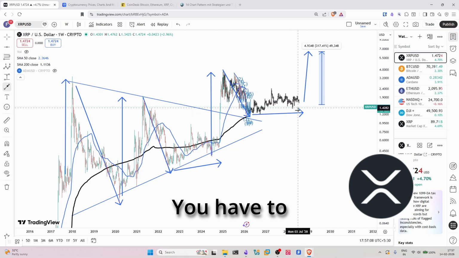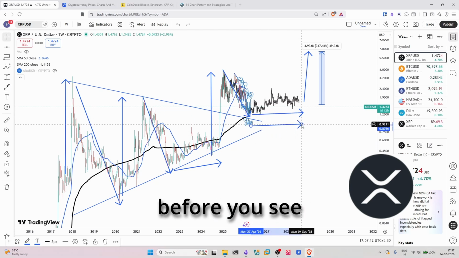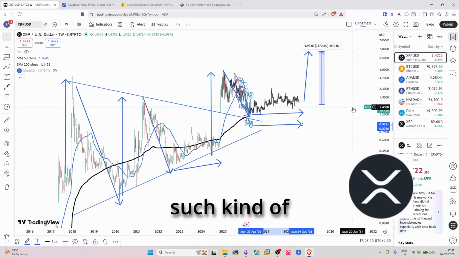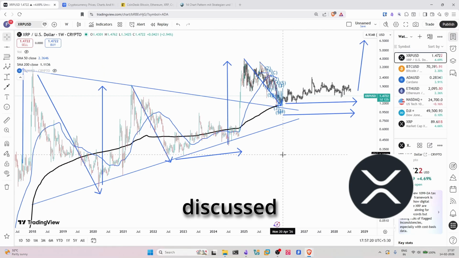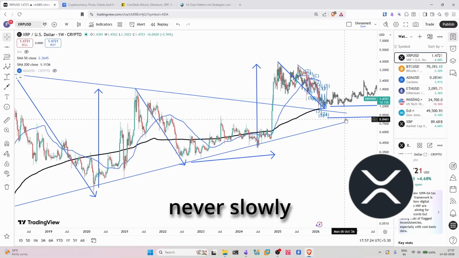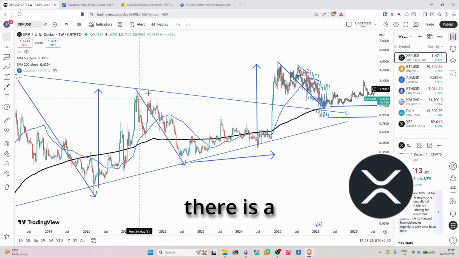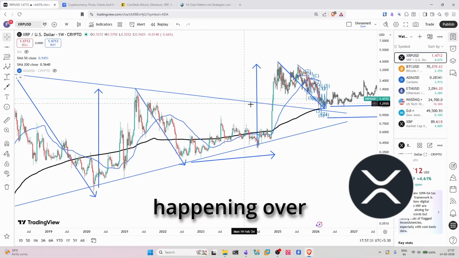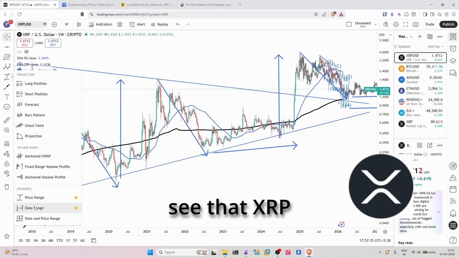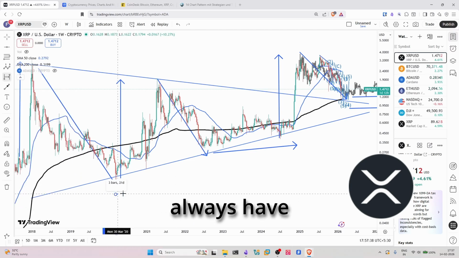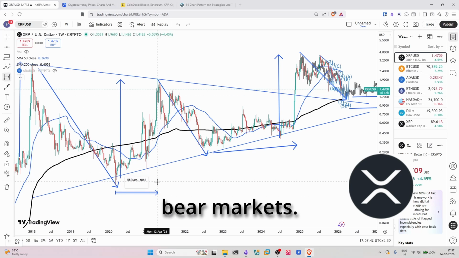You have to wait for the bottom to play out and the grinding motion to play out before you see such kind of moves, because in the XRP chart, as I've discussed, historically it never slowly grinds up. It always moves in a vertical up motion, and then there is a greater accumulation happening over a period of time. It's pretty interesting to see that XRP always has much shorter bull markets than bear markets.